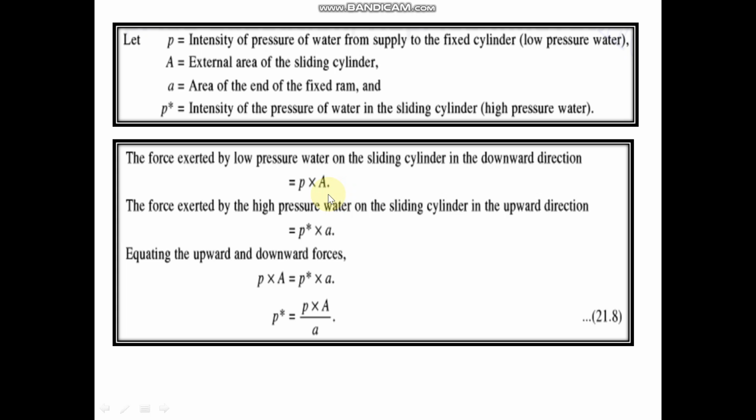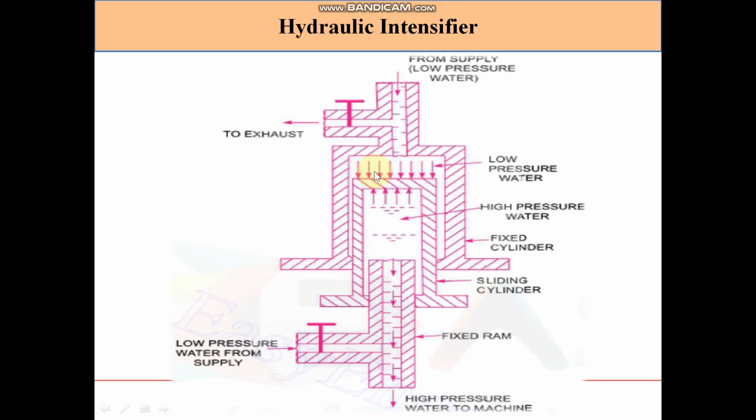So P is the pressure of water available here, multiplied by capital A, the outer area of this movable sliding cylinder. Now due to this movement, the low pressure water is supplied from the exhaust to the reservoir. So this is what is happening in the first case.